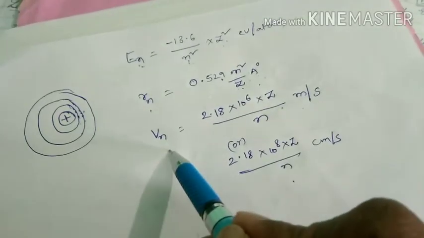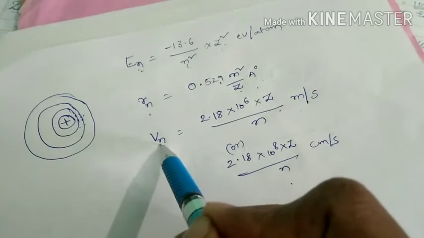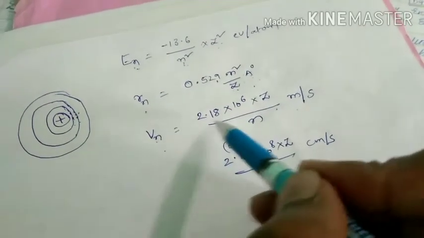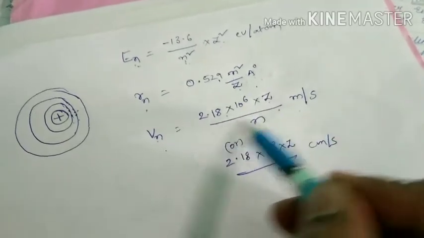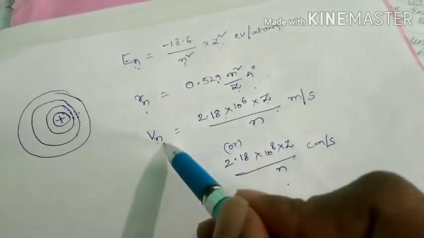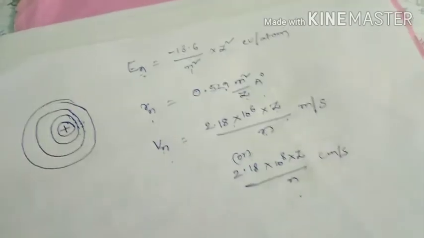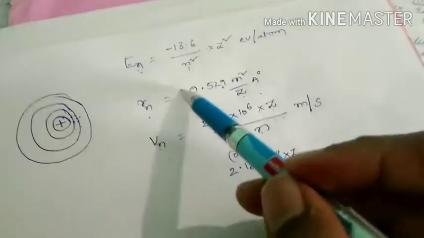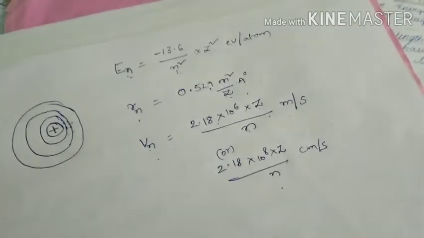In the case of velocity also, if the electron is present in the first orbit, its velocity v1 equals 2.18 into 10 to the power of 6 into its atomic number by 1. In the case of the second, by 2. Like that we can calculate energy, radius, and velocity of the electron in any orbit of an atom.